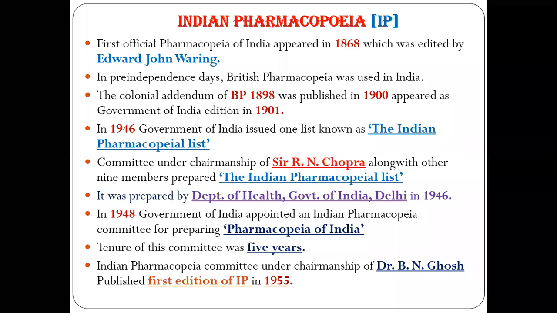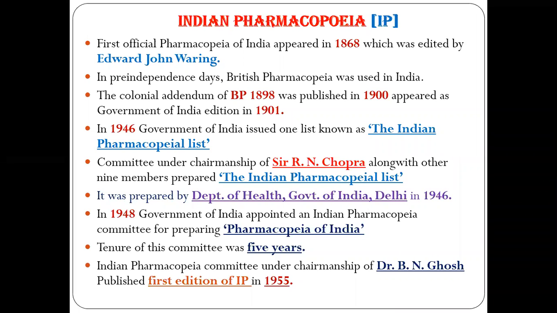After that, in 1946, the Government of India issued a list of Indian pharmacopoeial drugs. In India, we developed our own list of drugs, especially those drugs which were utilized at that time for treatment purposes in India.